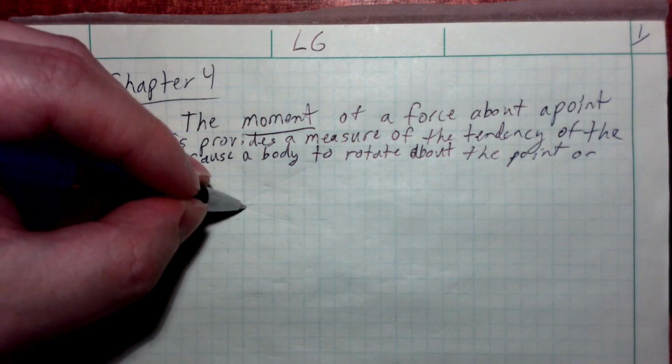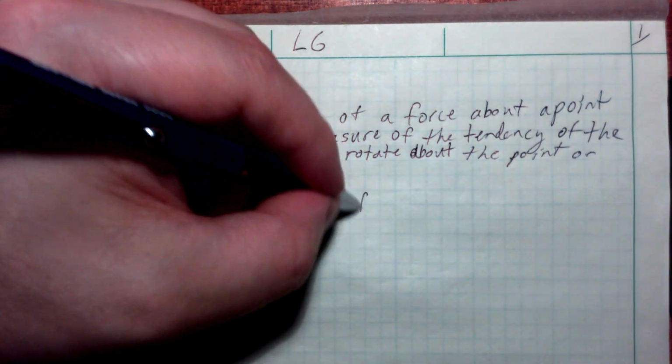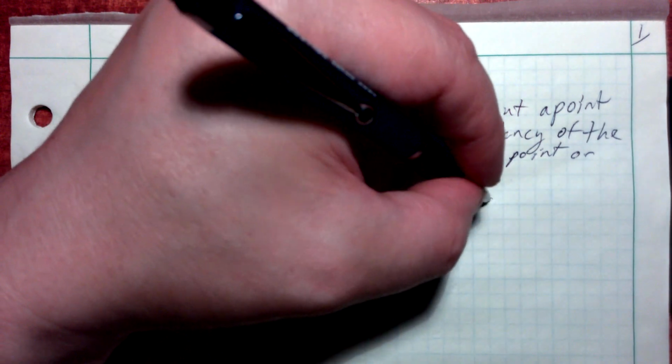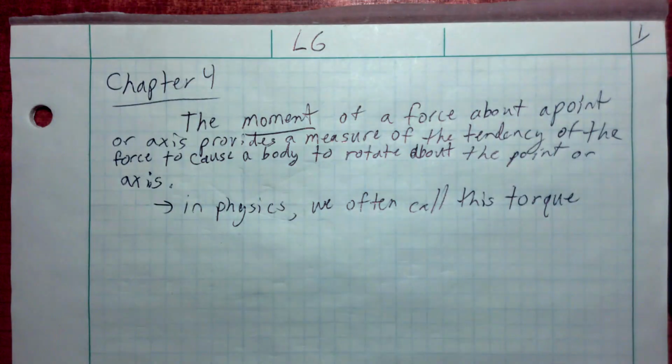In physics, we often call this torque. Torque and moment are essentially describing the same thing. A technical difference I've often heard is that torque is often used when rotation actually occurs.